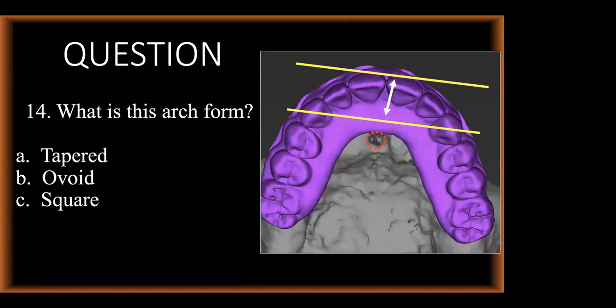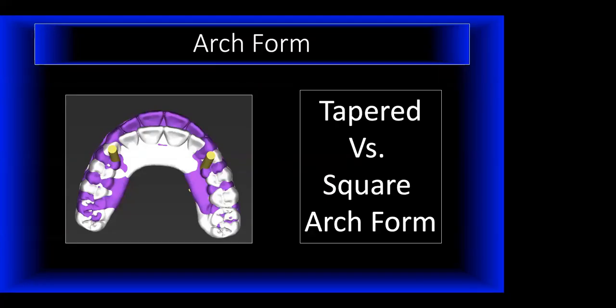So you can see the red area, which is the nasopalatine. Look how far to the anterior the facial aspect of number 8 and 9 are to the nasopalatine. So it's a tapered arch form. And why is this significant? Because when we look at this image here, where I have superimposed the tapered versus a square arch form, you can see how much of an anterior cantilever that is with the tapered arch form.